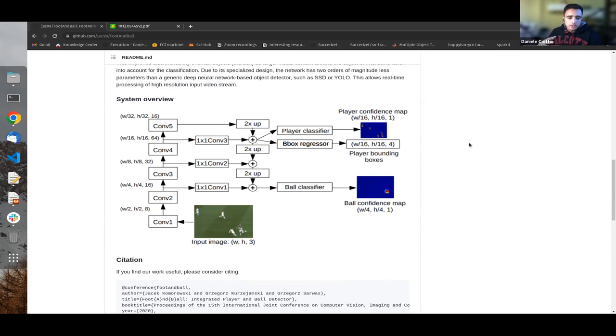The feature maps are then processed in a top-down direction. And this is the interesting part, because the feature map from the higher level is upsampled, as we can see from the upsampling in the picture, and then is added to the feature map from the lower level.